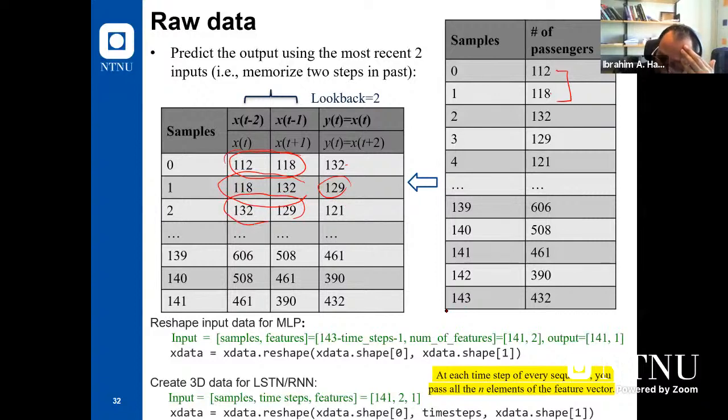So in a feed-forward neural network, it will have only 2 inputs, right? So it's xt and xt plus 1. And the number of hidden layers is something which you need to decide. And the output layer will have only 1 neuron. So in case of MLP, we will have a model, and the model will have fixed input.